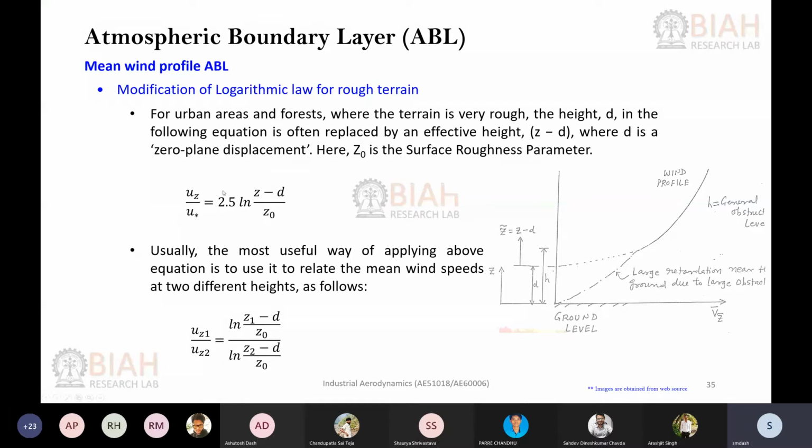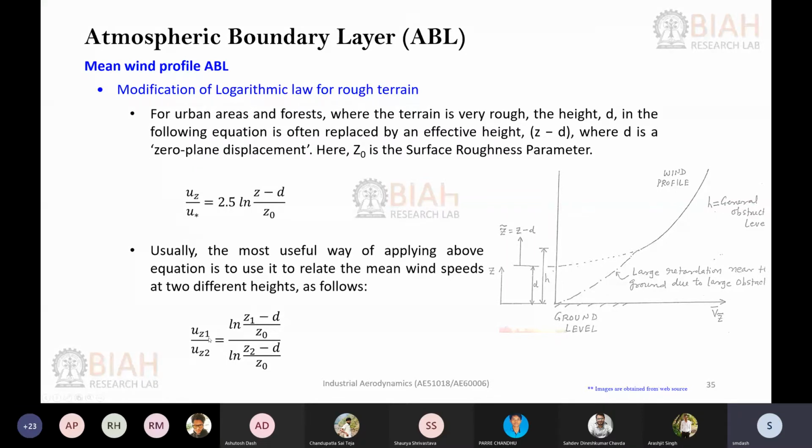All right. So this is the modification you basically make, the z minus d term. Using this equation, you can again estimate the velocity values at different heights.